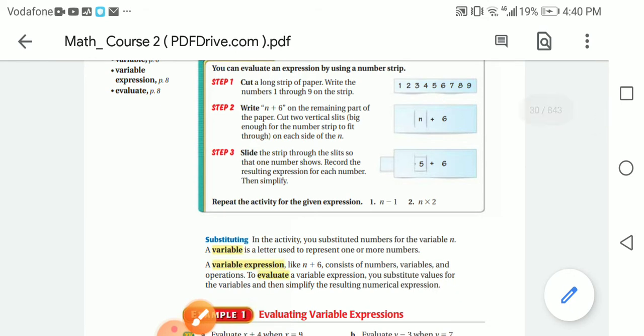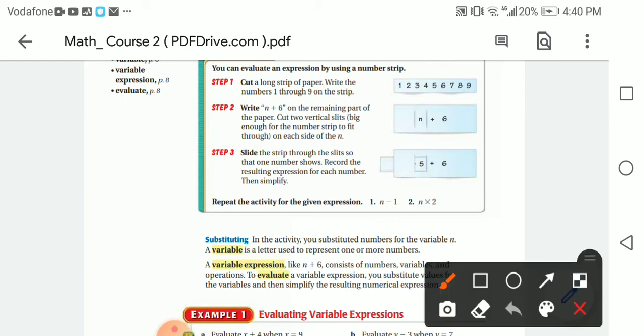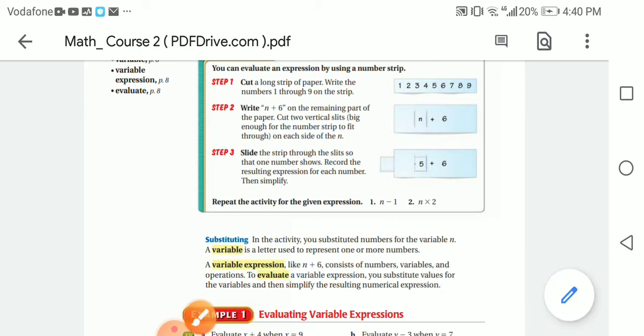This is a variable expression. This is called what, dear students? Variable expression. So a variable expression consists of numbers, variables, and operations. Numbers, variables, and operations. To evaluate a variable expression, you substitute values for the variables and then simplify the resulting numerical expression. It's easy, don't panic.